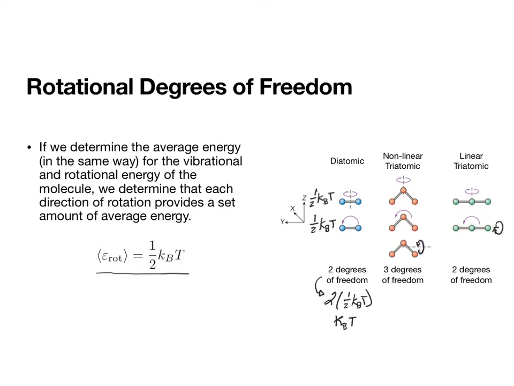But when we look at a nonlinear triatomic, that motion is going to contribute to the rotational energy. And so for nonlinears, our rotational motions can donate 3/2 kBT. I'm going to put this information in a table to summarize it all at the end.